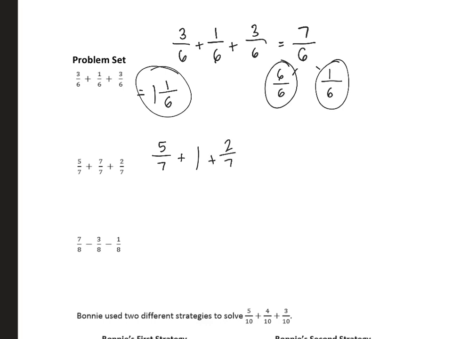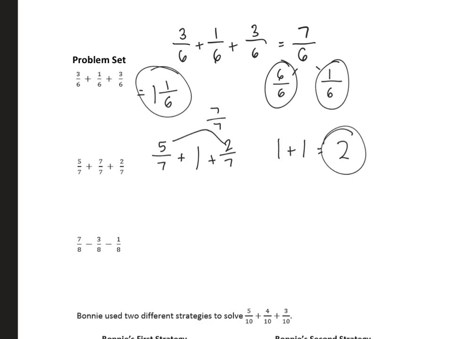So now that I have the 1 whole, I'm just going to add the 2 fractions together. So this is going to give me 1 whole plus, okay, what is 5/7 plus 2/7? Well, that gives me 7/7, right? Okay. And 7/7 is the same as 1 whole. So now I just have 1 whole plus 1 whole, which gives me a final answer of 2.